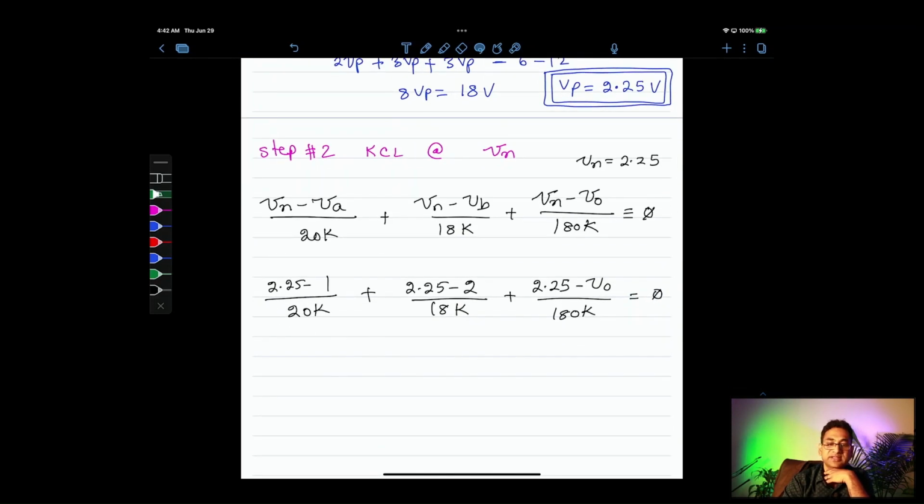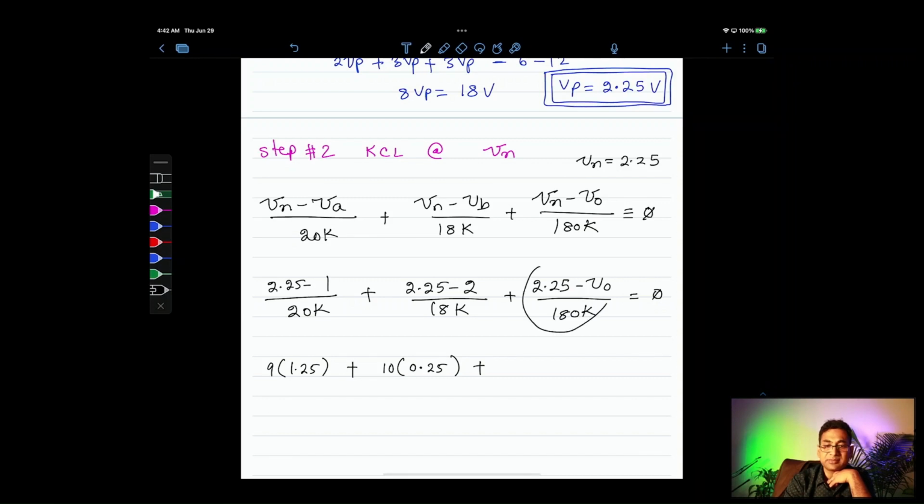Okay, all of this. So multiply both sides of the equation by 180k. So 180k by 20k, this first term is multiplied by 180 divided by 20, so 9 times 1.25, plus this term is multiplied by 180 divided by 18, so 10 times 0.25.